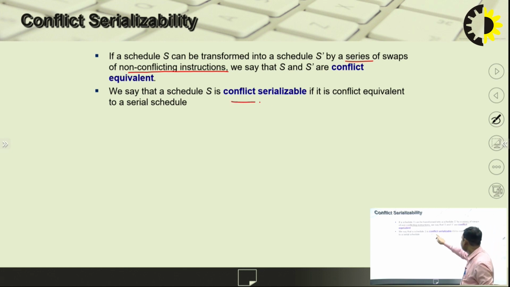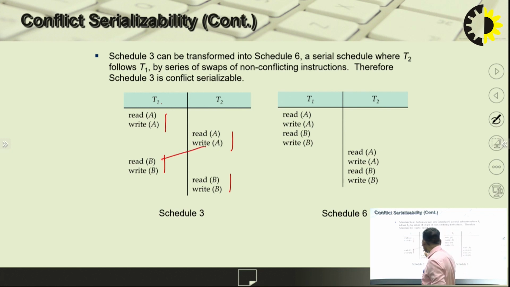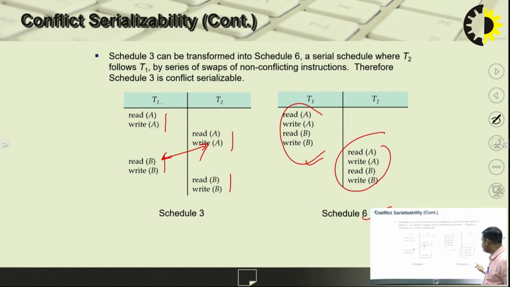A conflict equivalent serial schedule: first the T1 transaction has two operations, read and write, then the T2 transaction reads and writes, and next T1 reads and writes. After swapping the non-conflicting instructions, this is known as a serial schedule.